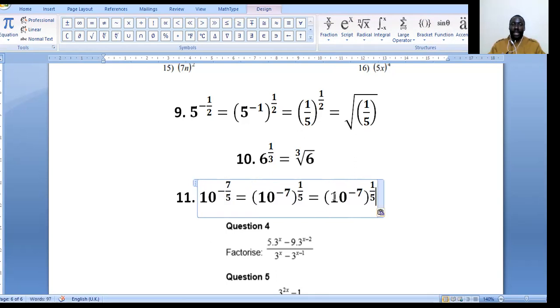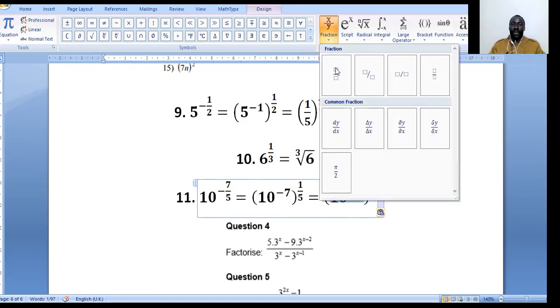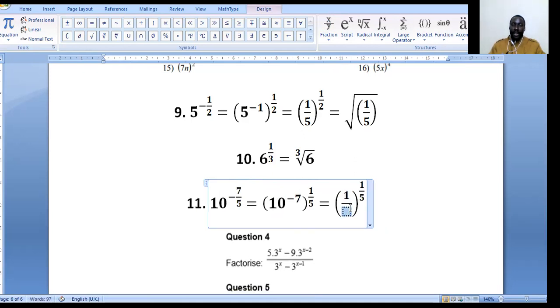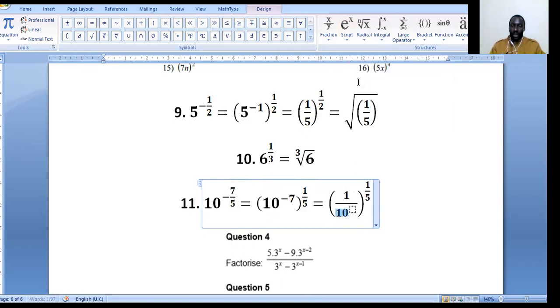We'd like it to be written as 1 divided by 10 exponent of 7. Notice that this 1 divided by has assisted us to remove the negative. So now we have 10 to the 7 and this.